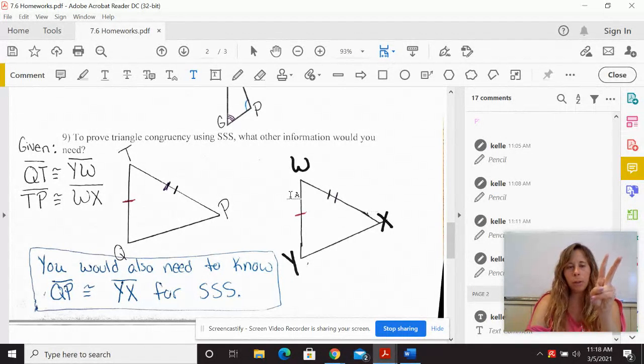So to prove using side, side, side, I would also need to know that QP is congruent to YX. That will give me my 3rd congruent side. Then I could prove that these triangles are congruent using side, side, side, because all 3 sides would be congruent. Okay.